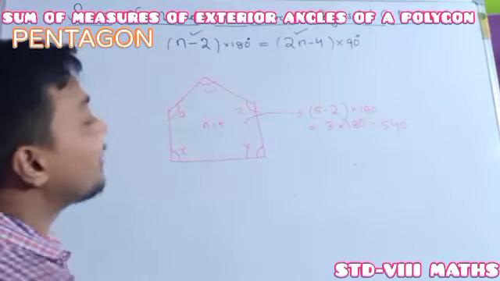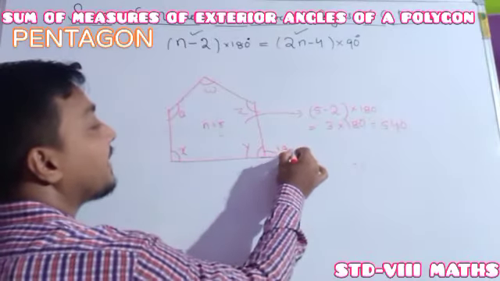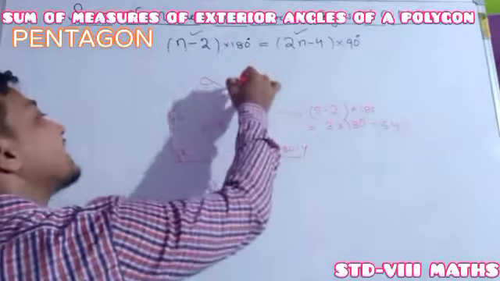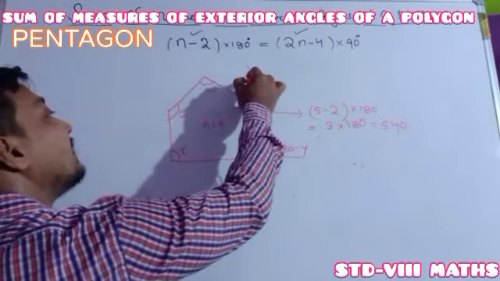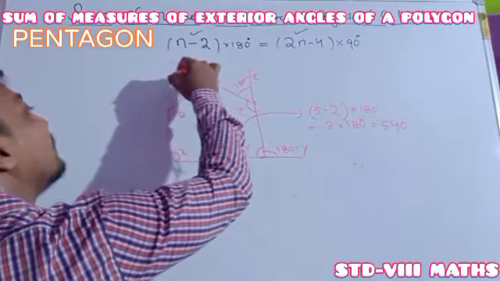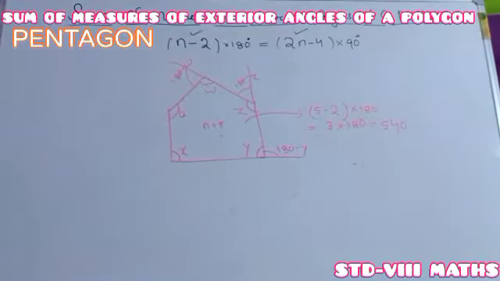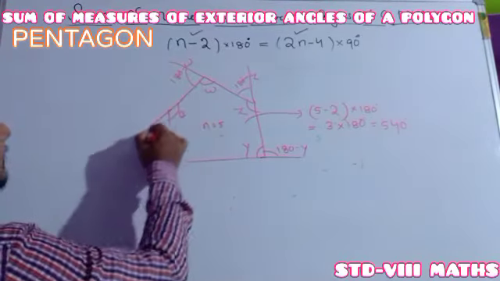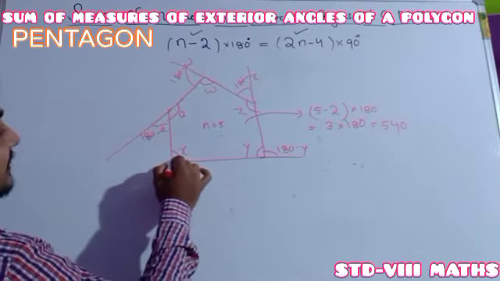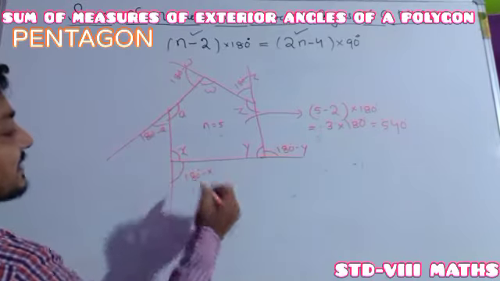Okay, now I want to check how much the exterior angles are. This is y, so this exterior angle is 180 degrees minus y. This one is z, so its exterior is 180 minus z. This one is w, so this one will be 180 degrees minus w. This one is a, so this one will be 180 degrees minus a. This one is x, so this one should be 180 degrees minus x.